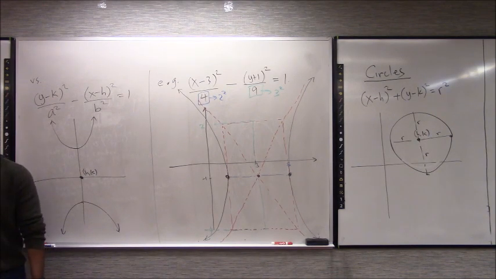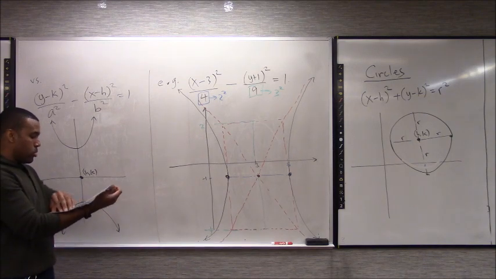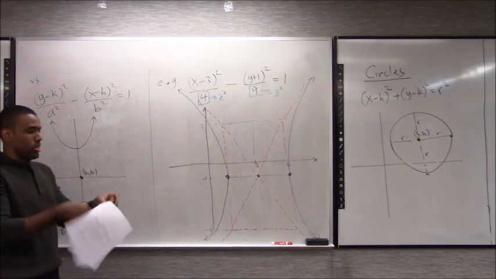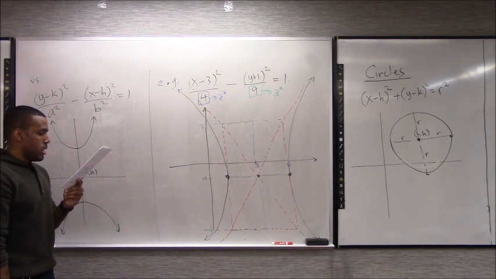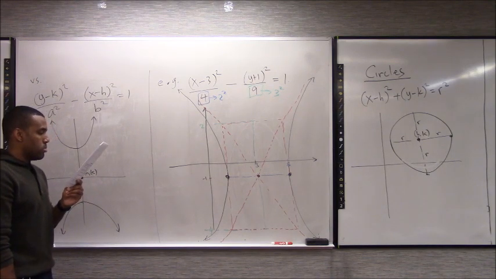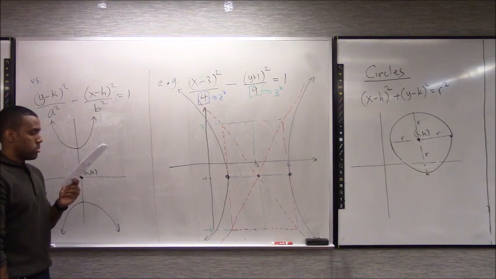Before I ask if there are any questions, I would like you to try them to figure out if you have any questions. From the handout, do problems 2, 3, and 4.